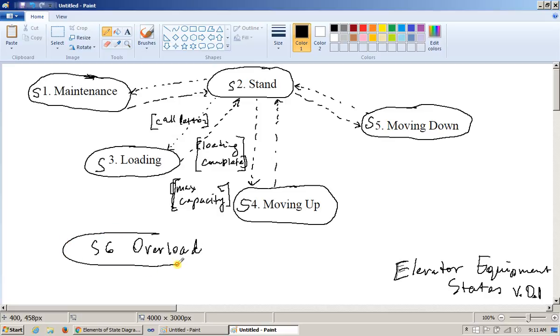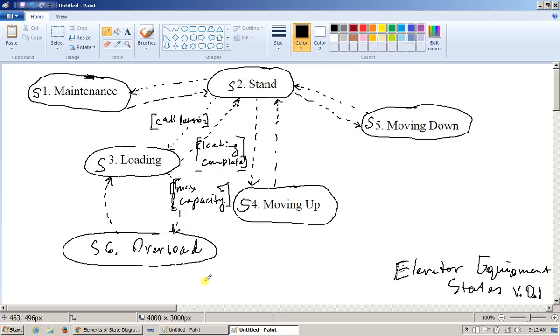So in overload state, when we get to maximum capacity, we can go to overload and signal it with some beeps, or if we have some sort of display, we can light the display and indicate that there's an overload, so the elevator cannot move back to its normal operation, right? So then, of course, the condition back is that there's no longer overload or no longer maximum capacity.